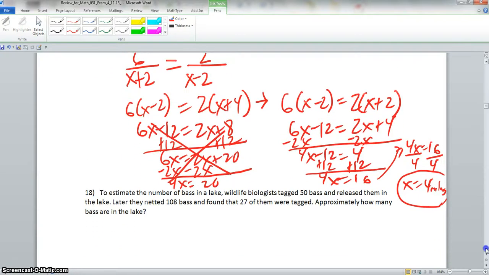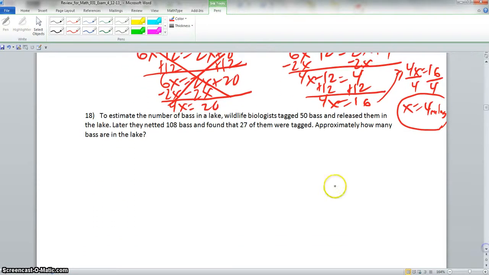Okay, now we scroll down to 18. It says to estimate the number of bass in a lake, wildlife biologists tagged 50 bass and released them in the lake. Later, they netted 108 bass and found that 27 of them were tagged. Approximately how many bass are in the lake? Okay, now when you do a problem like this, we have to look at it like this here.